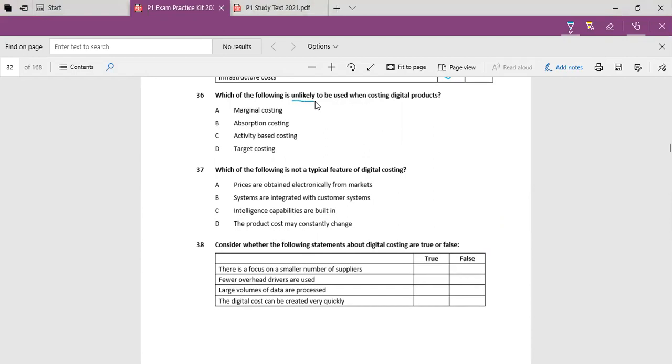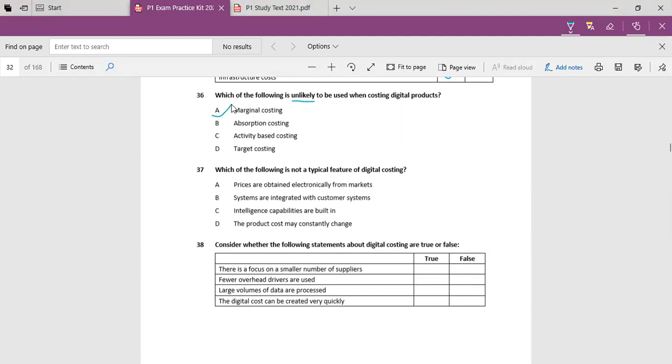Unlikely, not likely, unlikely. Ma'am, A, ma'am, marginal costing, because virtually there is no marginal cost incurred. So unlikely is marginal costing.